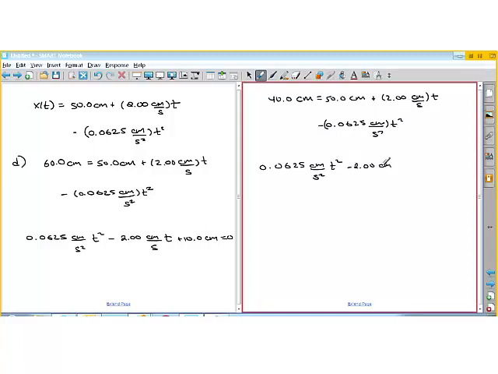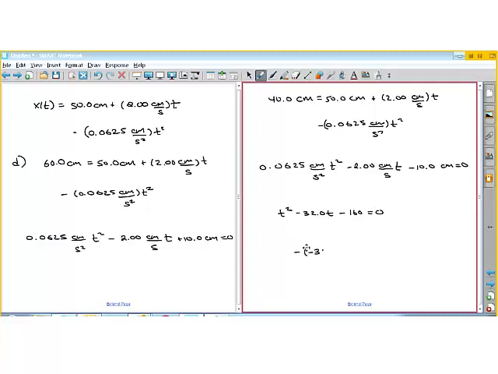This term will become negative. And then this is 40 minus 50, so it's going to be negative 10, and that all equals 0. So we're going to multiply by 16 again. So you get t squared minus 32t minus 160 instead of plus 160 equals 0.